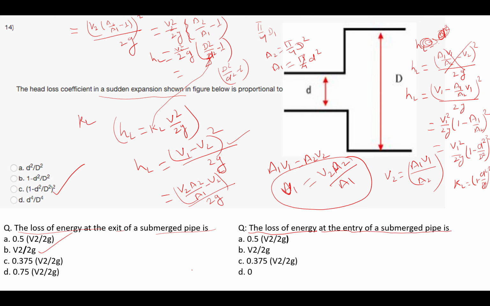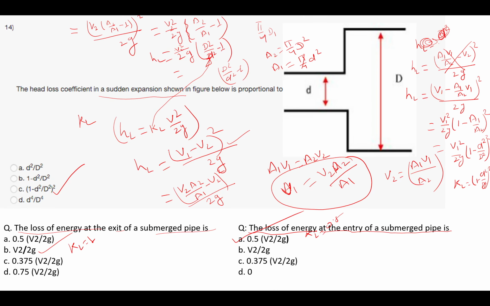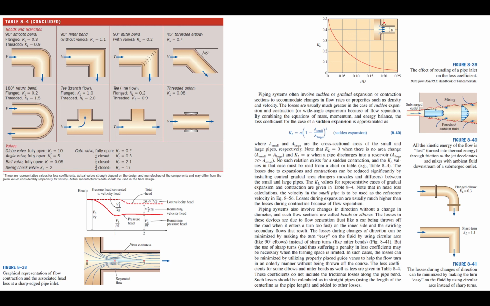At the entry, your formula is 0.5 V square by 2g. At the exit KL value is 1, and at the entry KL value is 0.5. These are all calculated based on experiment. Here KL value is given.